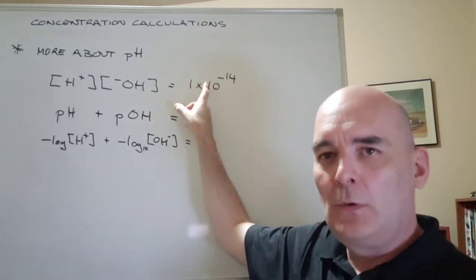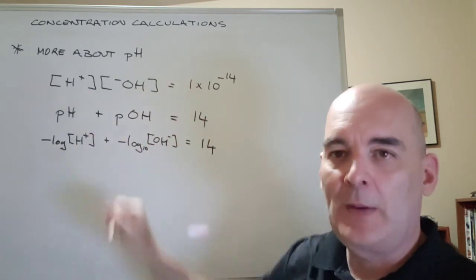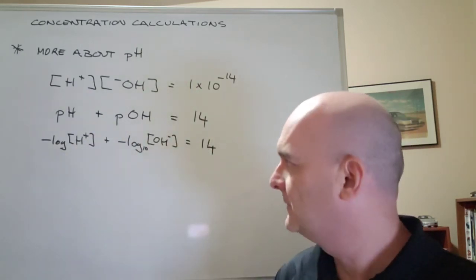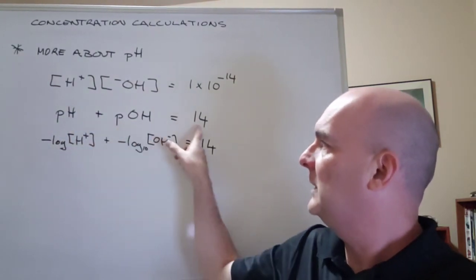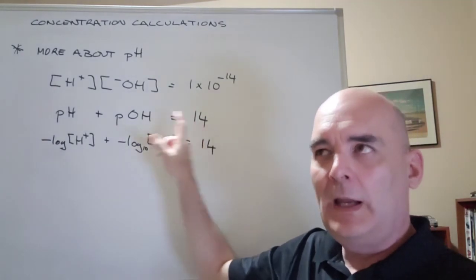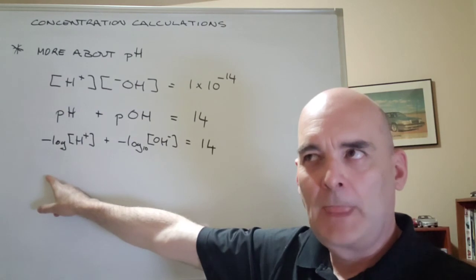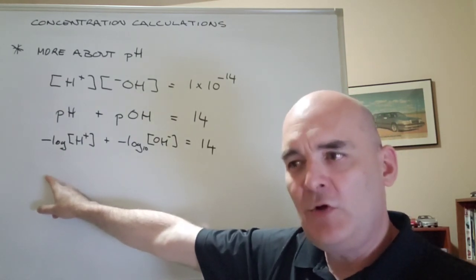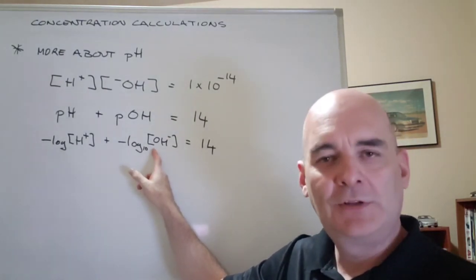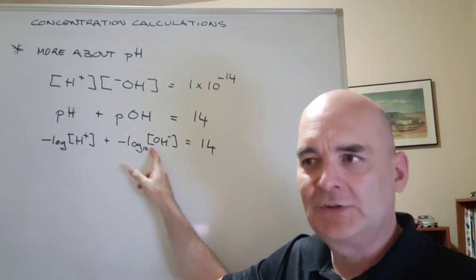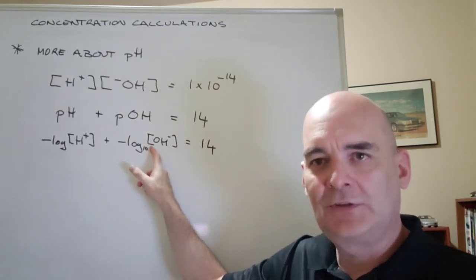We turn very small numbers into usable numbers and very big numbers into usable numbers by taking the log of those numbers. It turns out that pH plus pOH equals 14. And it's very easy to find the pH from the H+ concentration, which would mean that it would be very easy for us to find pOH from the concentration of hydroxide. Remember, if sodium hydroxide is a strong electrolyte, it's going to put 100% of its hydroxide ions into solution.